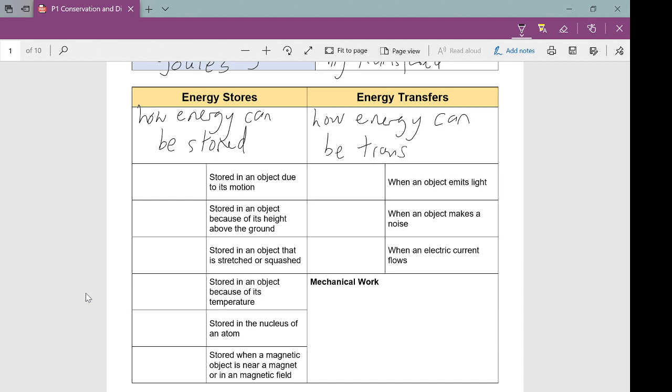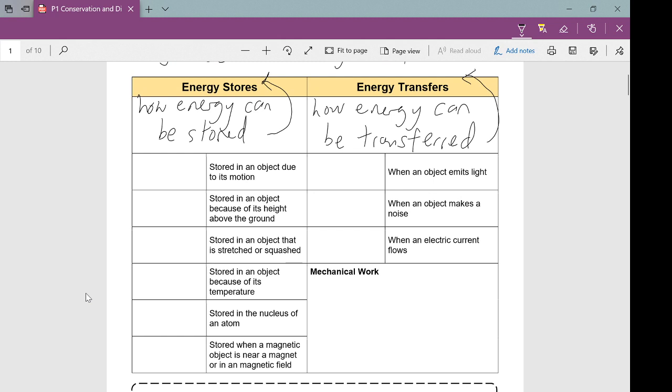So really straightforward definitions that are basically hinted within the name. So anytime you get stuck when it comes to memorizing what an energy store is or what an energy transfer is, you can always work that out from the actual name itself. Energy stores, how it can be stored. Energy transferred, how energy can be transferred.